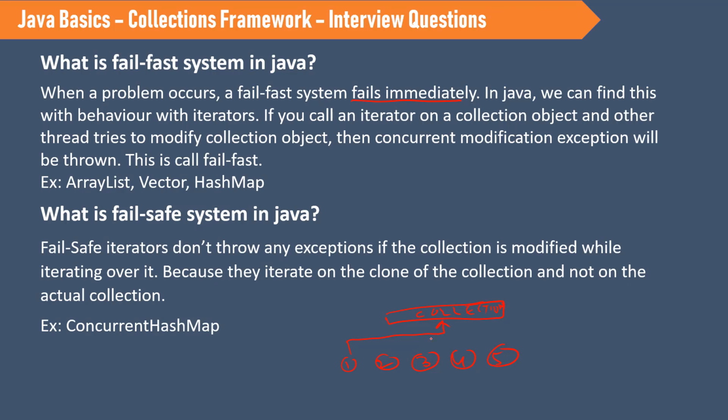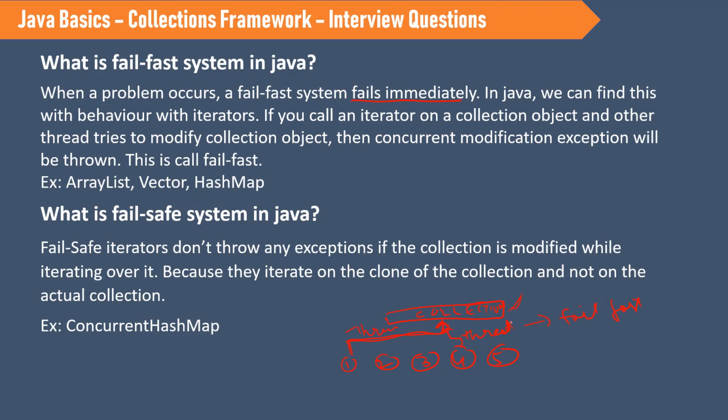The first test is accessing this collection, and at the same time the fourth test also tries to access the collection and modify it. But since the first test is already modifying the collection, the fourth thread fails. If it fails, then this is a fail fast system.